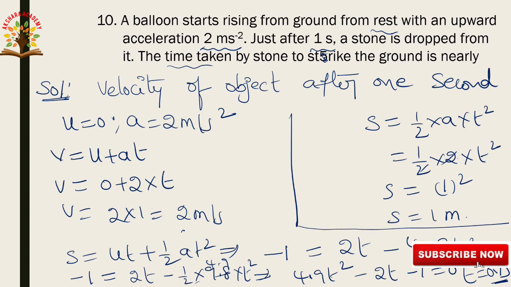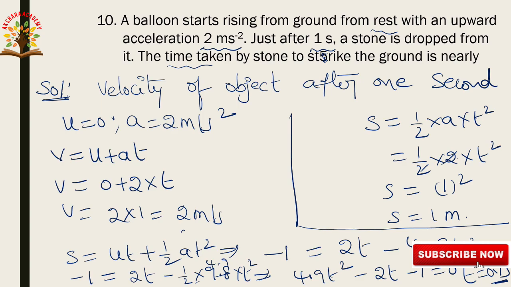Now after separating from the balloon, it will move under the effect of gravity alone. So again we are calculating the time taken by using S is equal to ut plus half a t square. Here S we calculated as 1, and it becomes minus 1 is equal to ut minus half g t square, with g being 9.8, into t square.